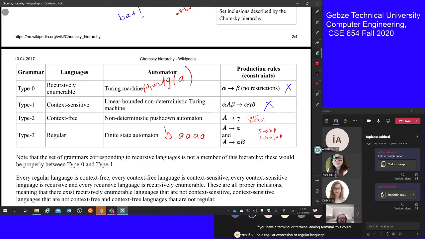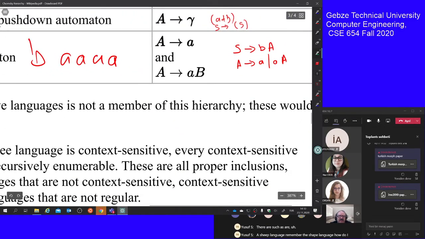Such as our sheep language. Remember the sheep language? How do I explain the sheep language with a regular expression? Somebody try to write the sheep language using the regular language.